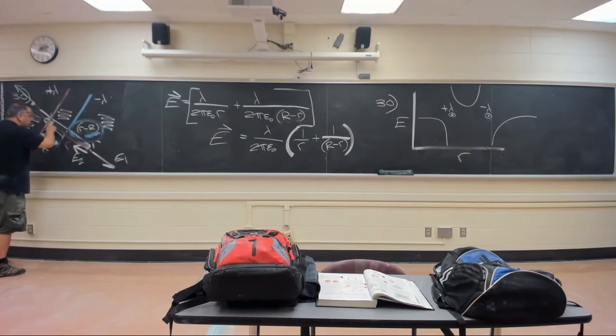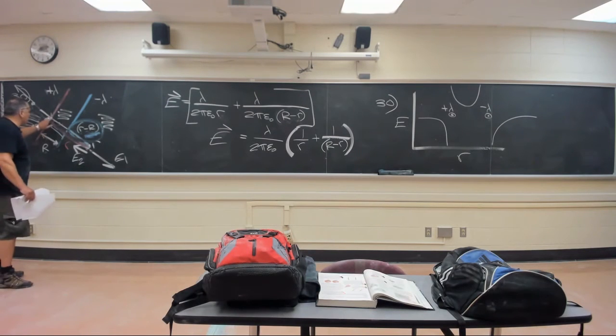You're close to the plus lambda. If you go close to this guy, it's also going to an infinite value. Somewhere in between, there's got to be the minimum where it's still going to have some kind of value. It's going to be a positive value, but something finite.